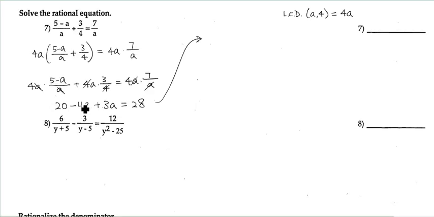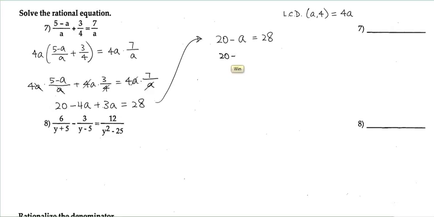And we have 20 minus 4A plus 3A. Would that be minus 7A? It would be minus A, which equals 28. Okay. I would add A on both sides and subtract 28 on both sides.